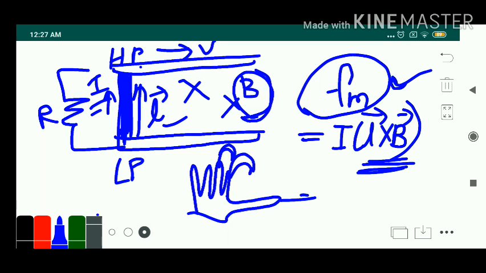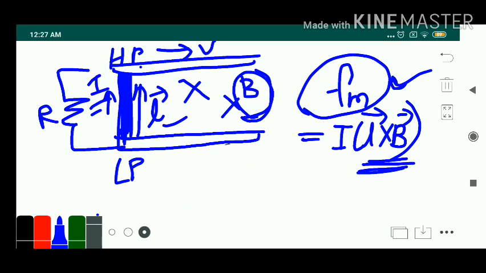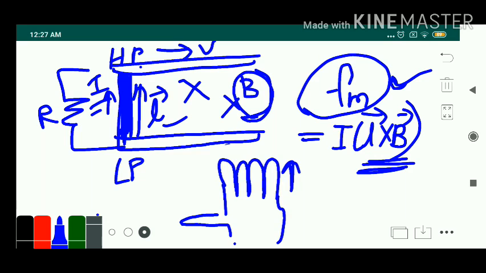In which direction, guys? Okay, I drew the figure wrongly. Sorry. This is your right hand, I drew a left hand. So right hand means all the fingers will be in the direction of L like this. And when you turn your fingers B downwards, thumb will be in this direction. So that means the force is in this direction, Fm.